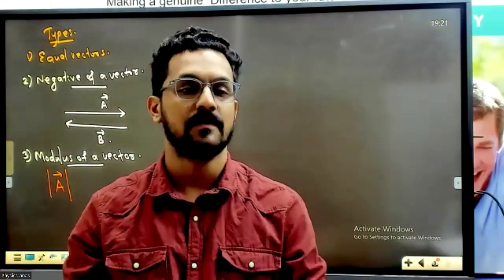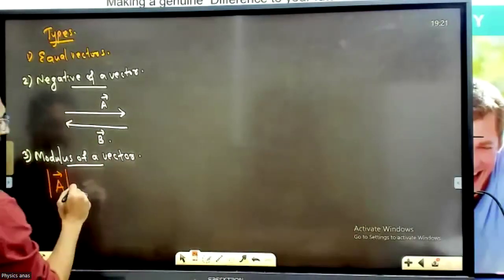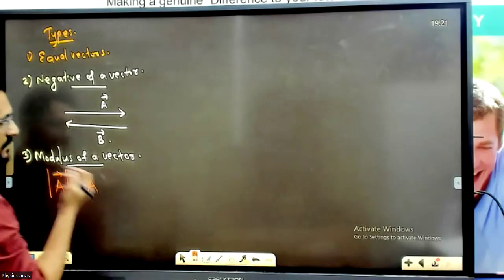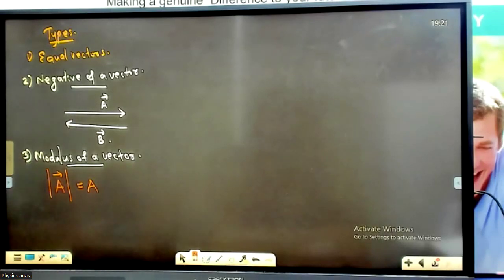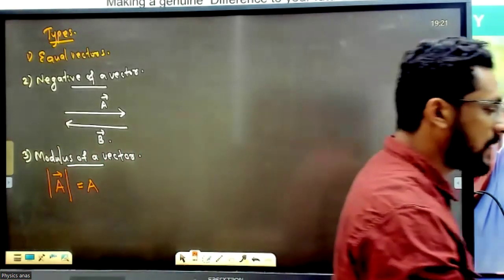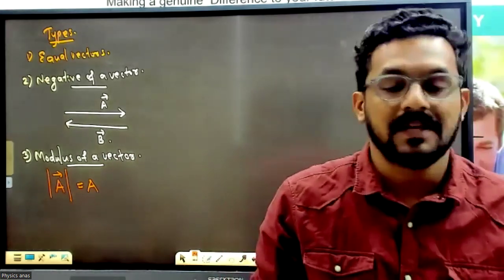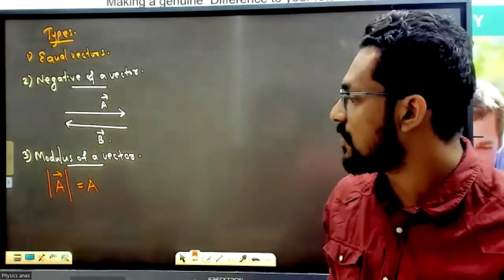That is the modulus of a vector. Write it: modulus of a vector is the magnitude of a vector.